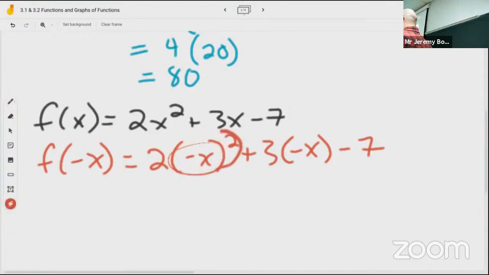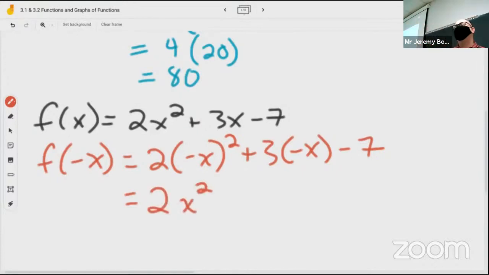You remember if we square a negative x, we could write that as what? A negative times a negative is just going to be positive, right? So if I square a negative 2, it's going to be positive 4, same as just 2 squared. So I can rewrite this as 2x squared. If it's to an even power, you get rid of the negative, basically.